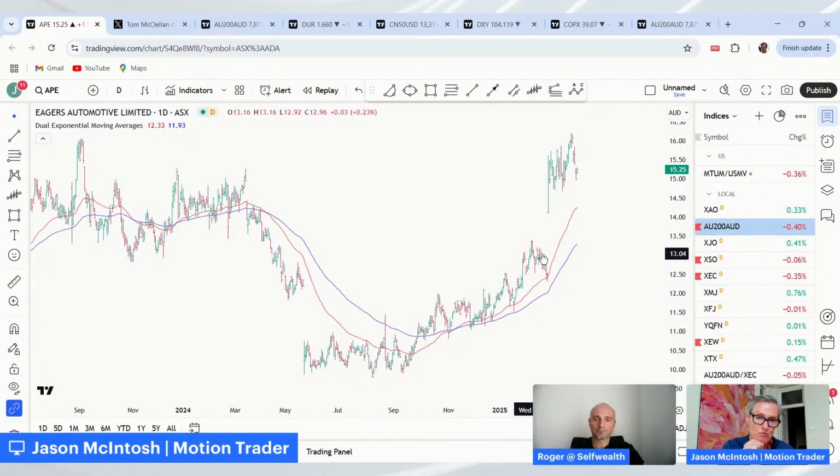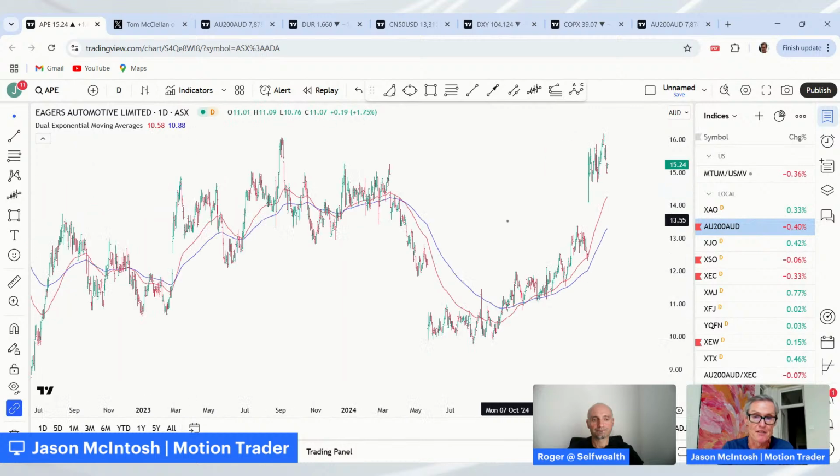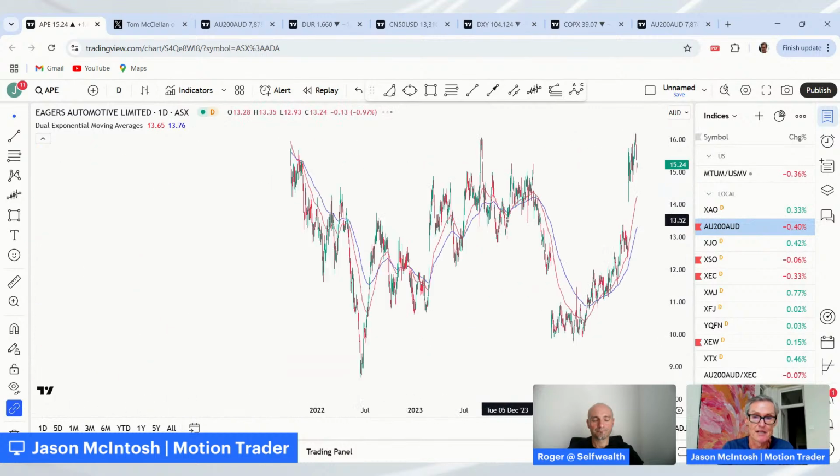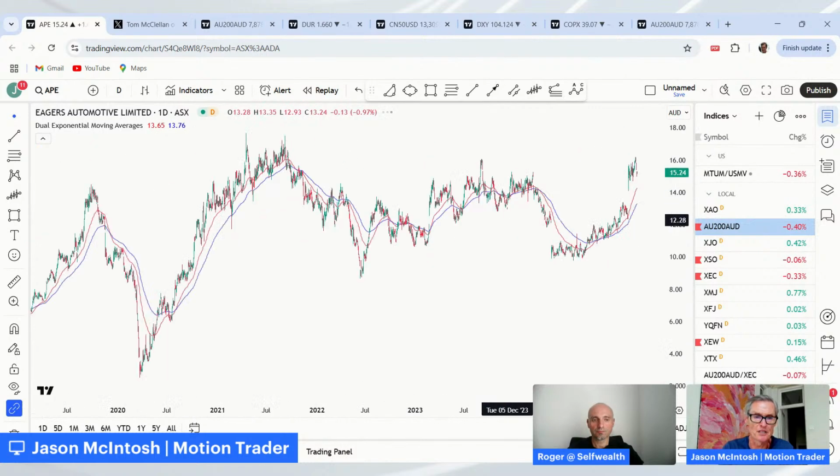Even though the market is selling off, some stocks can go against the grain, and you can see this gapped higher despite the market selling off. So that's why I'll consider signals, even if it's only a half position, during times where the market's coming off, because some stocks will follow their own path. If I was in APE, I'd be happy holding it.